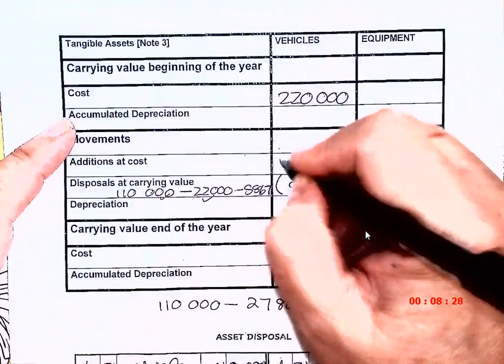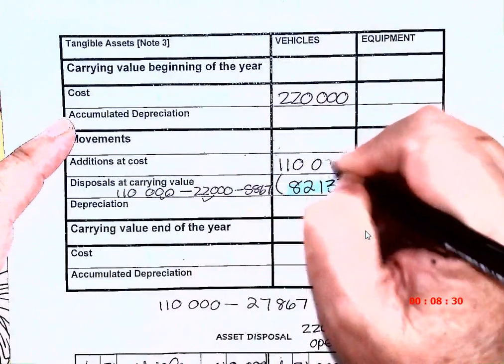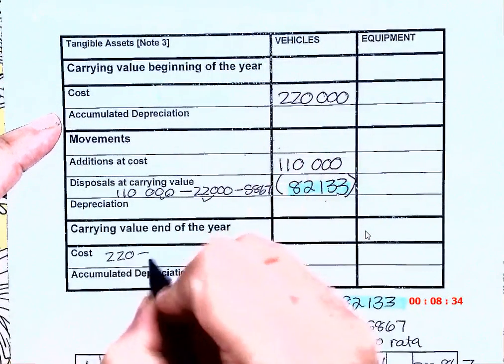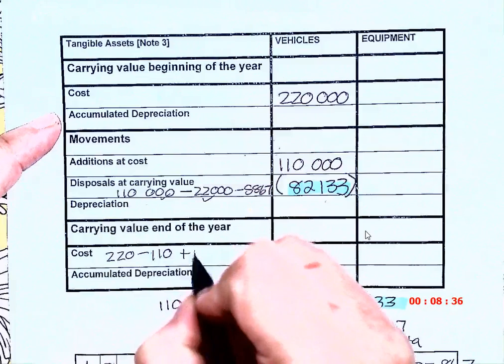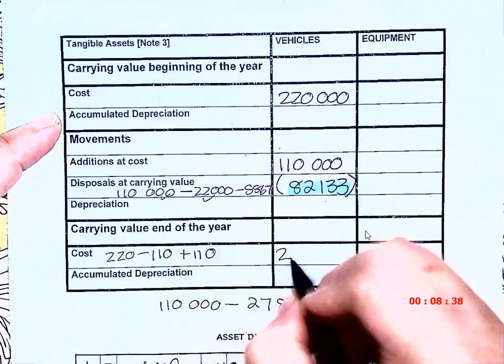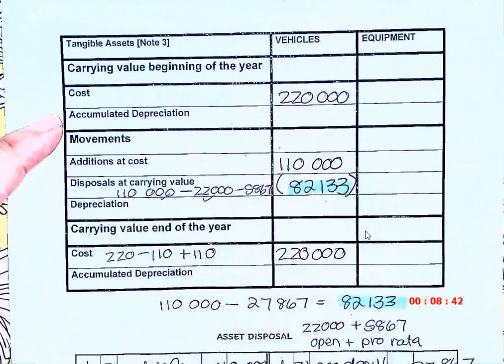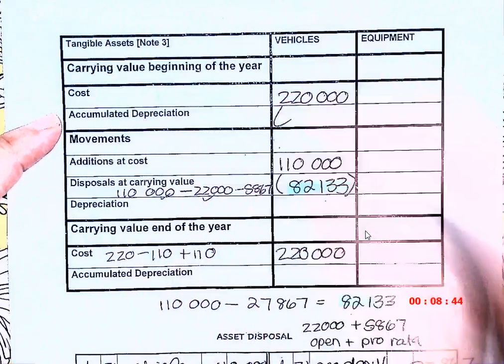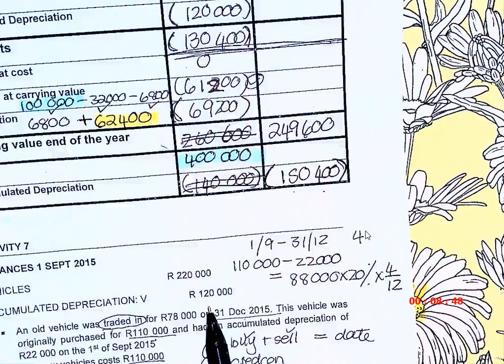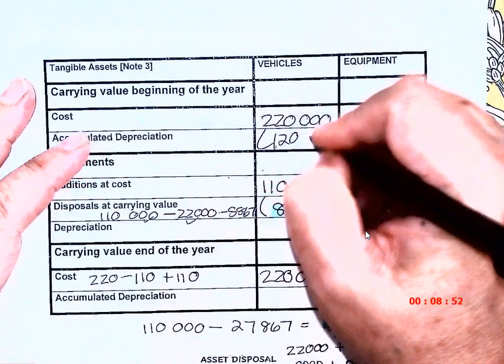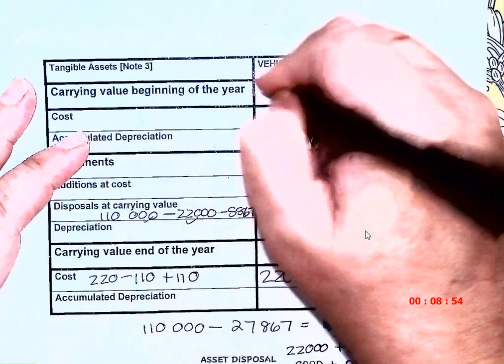So that addition is 110. So now I know 220 less 110 plus 110 still gives me 220. My accumulated so far, they tell me it's 120. So it means my carry value is 100.